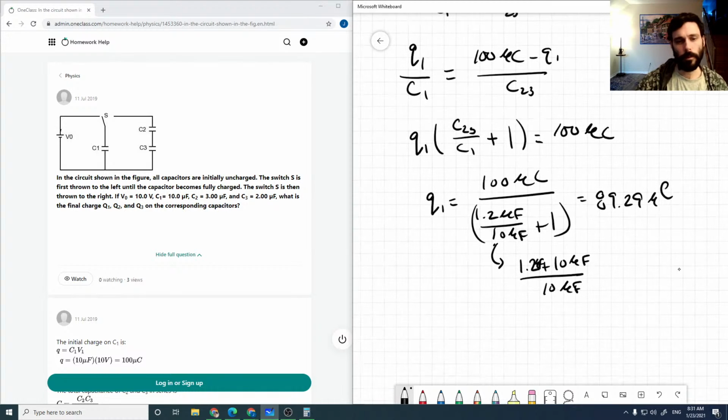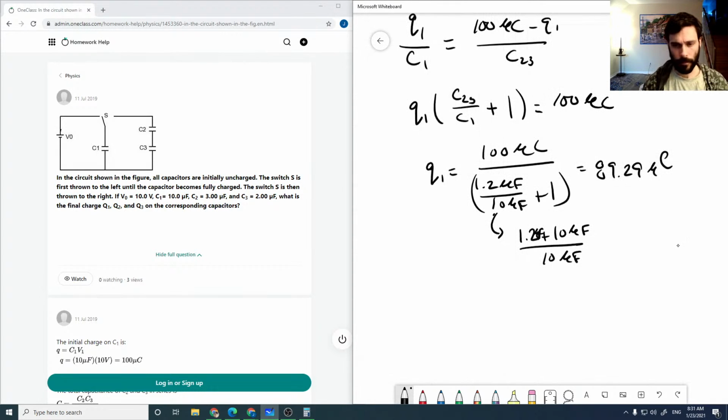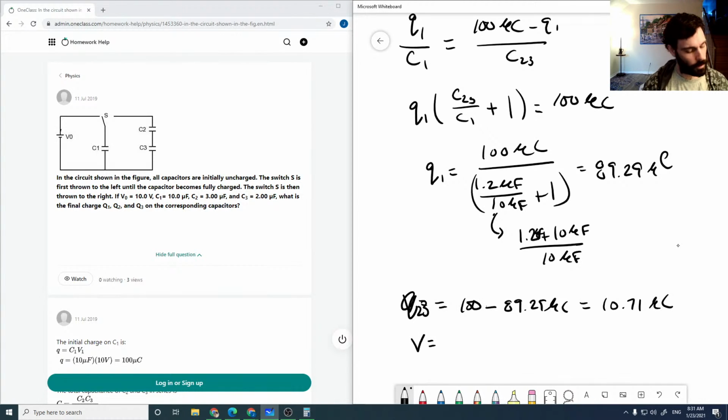And so there's likely a shortcut here. So now we can solve for our voltage. We can solve for our Q23 directly as 100 minus 89.29, which is 10.71 microcoulombs. And we can also say that our voltage here is 10.71 microcoulombs over 1.2 microfarads, which is 8.93 volts.